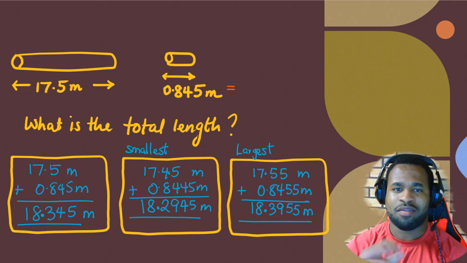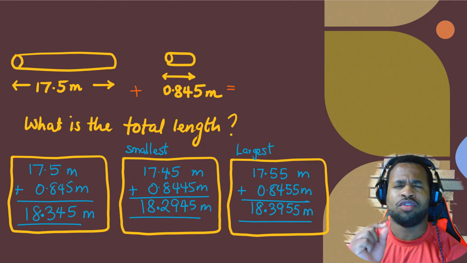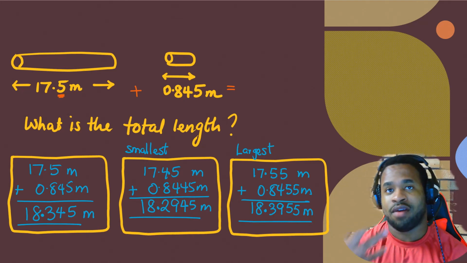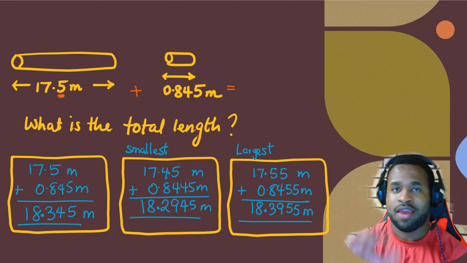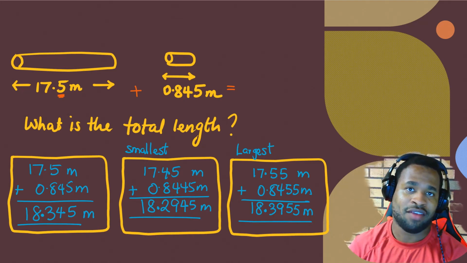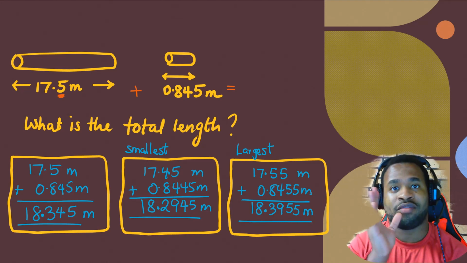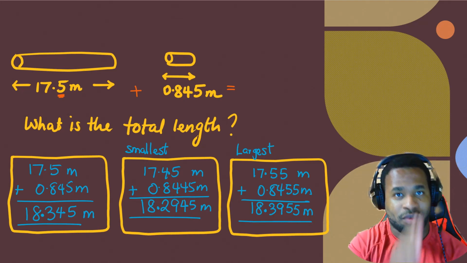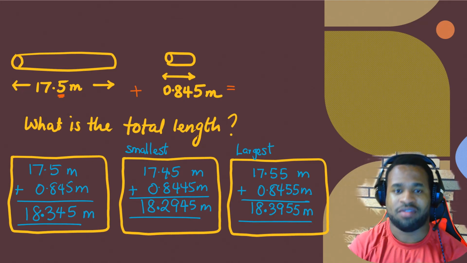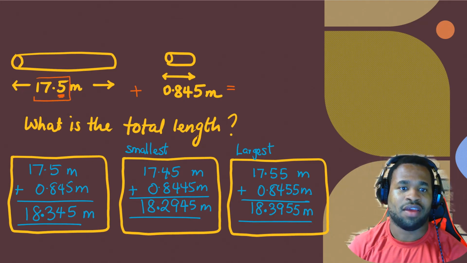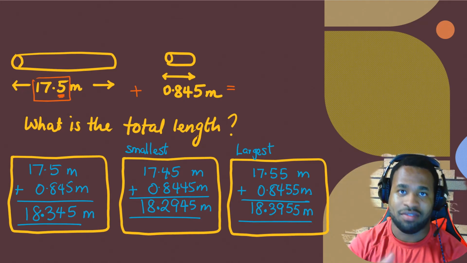Now, in terms of the addition of these two numbers here, we are going to be rounding off to the nearest tenth, because addition of approximate numbers involves rounding your final answer to the precision of the least precise number in the addition process. And so in this case here it is 17.5, and 5 here is the tenth.